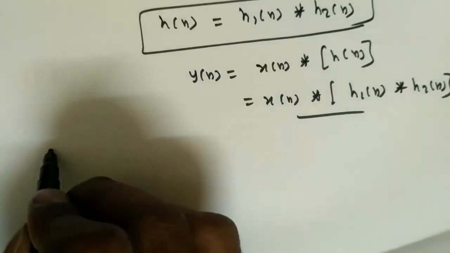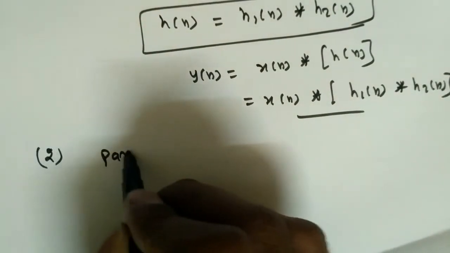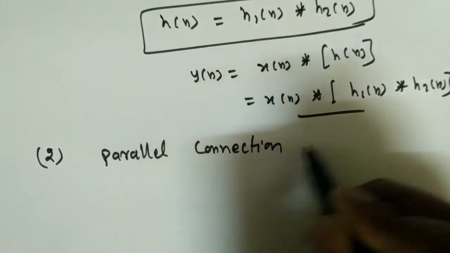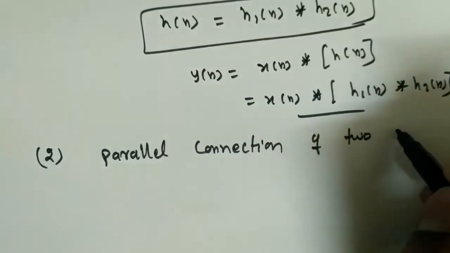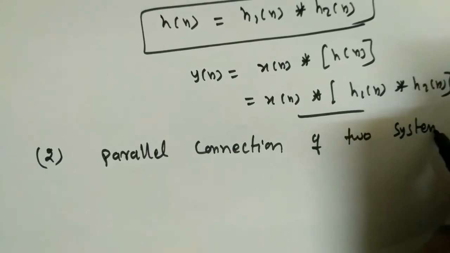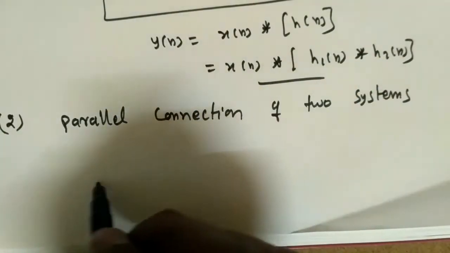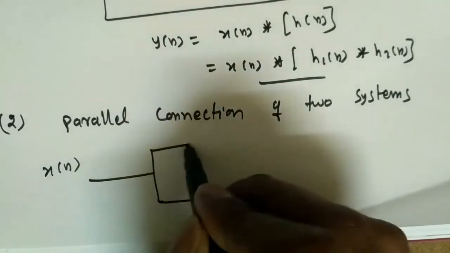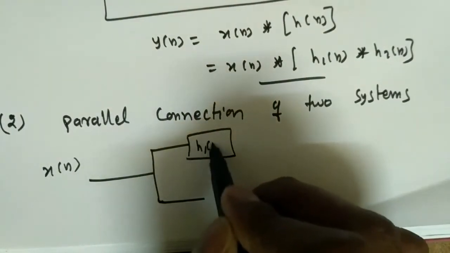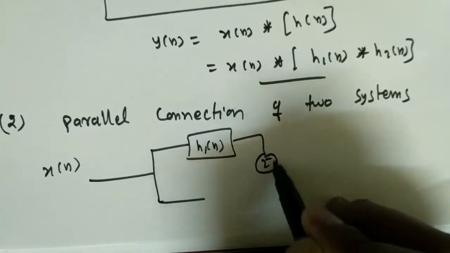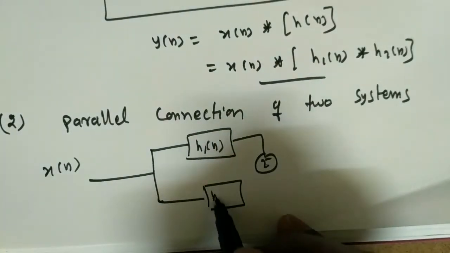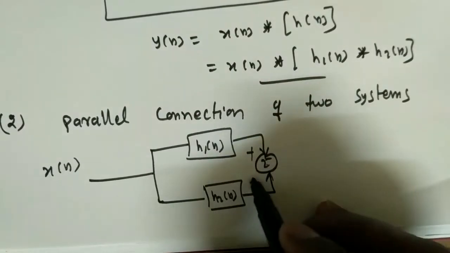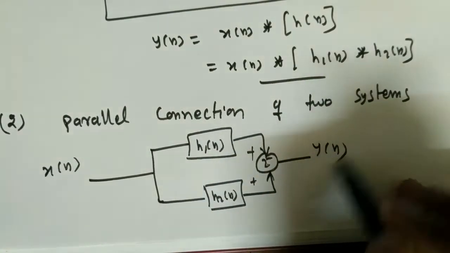The next one is parallel connection. Generally we assume two systems, it may be more than two also, no problem. So parallel connection means, this is some x of n, and two systems will be in parallel. There is system 1, h1 of n, and this is h2 of n, and they go to a summation, both positive only, and then it becomes y of n.